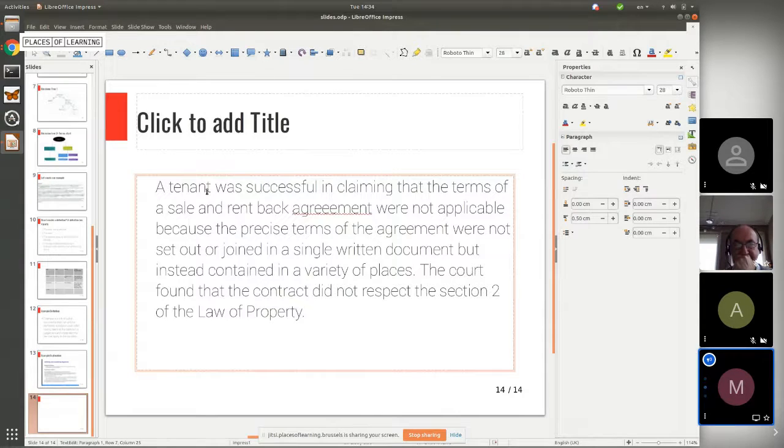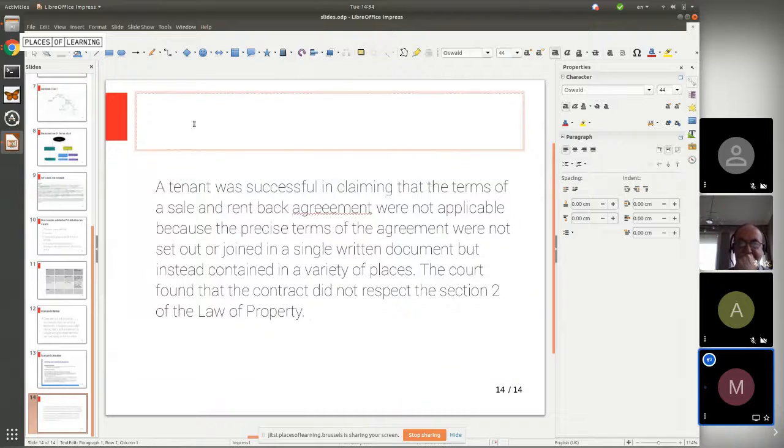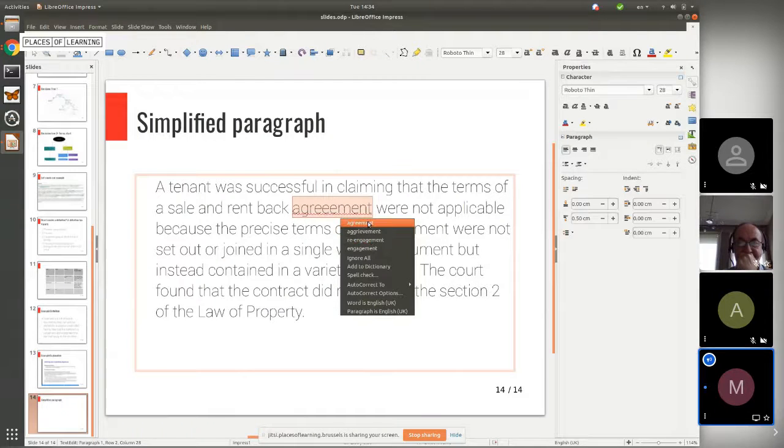So at the end, we would have a simplified paragraph after the application of this methodology.